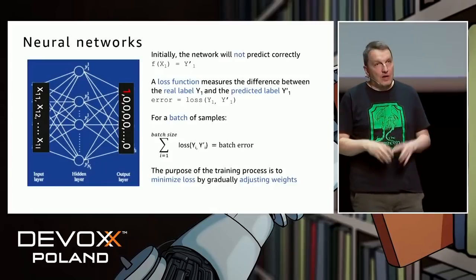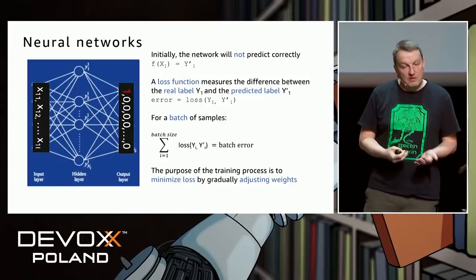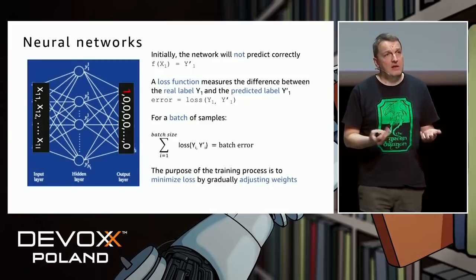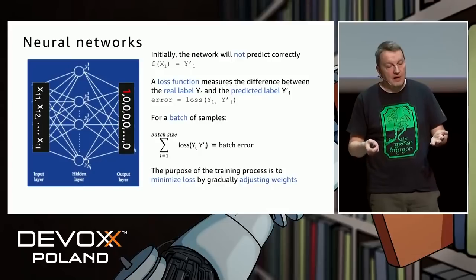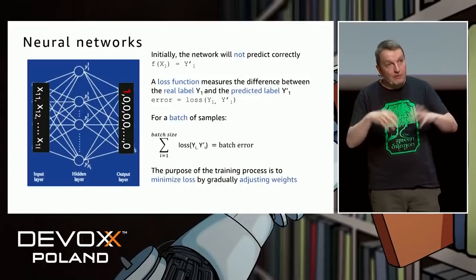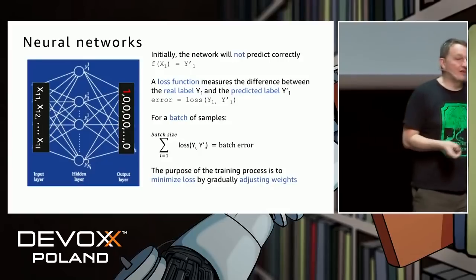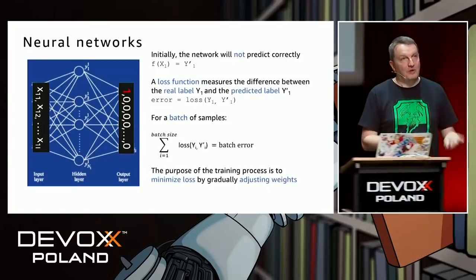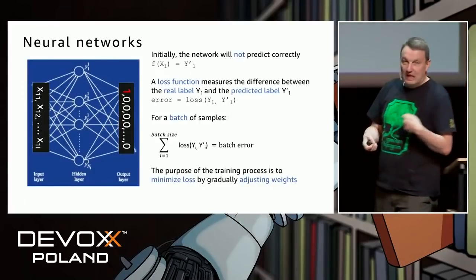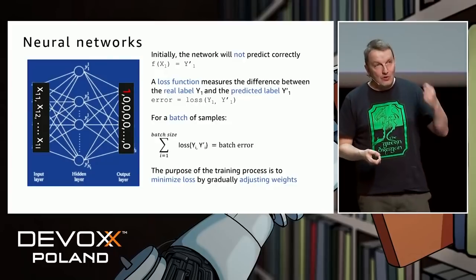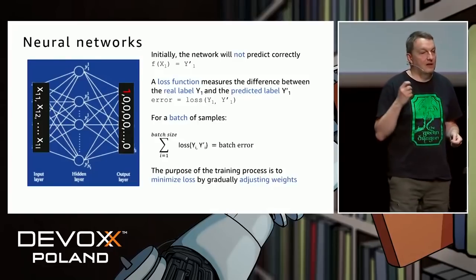We're trying to find the set of weights, the set of parameters that give us the highest accuracy for that data set, and that means the lowest possible error for that data set. And we start from random weights, and we have to try to go as close as possible to that optimal set of weights. And that's a difficult problem because you cannot compute them. It's not an equation you can solve, so you have to gradually discover what those weights should be. More on this in a second.